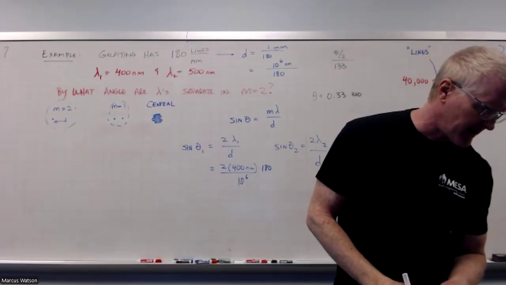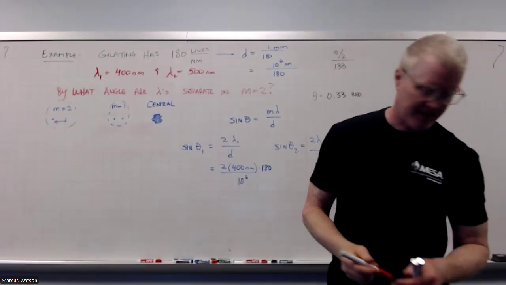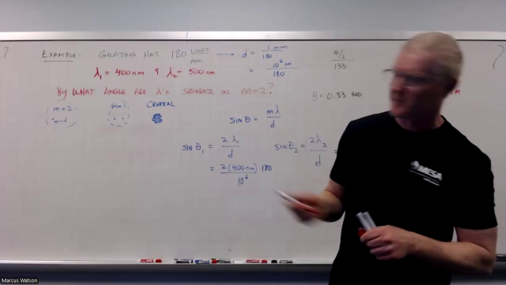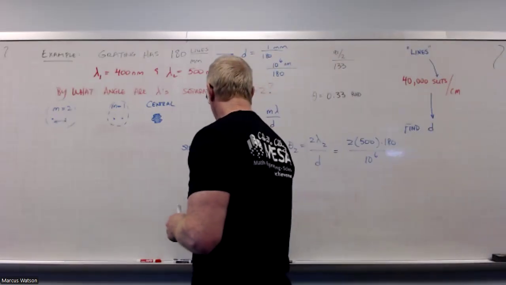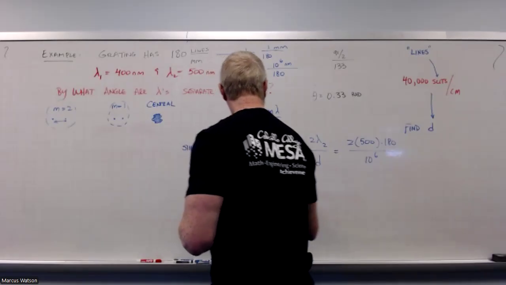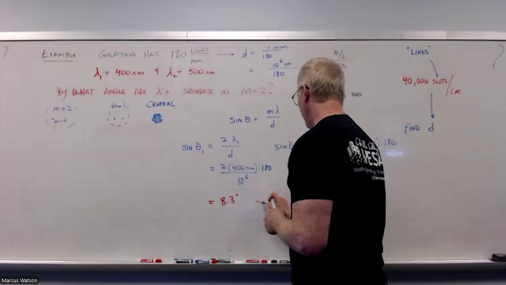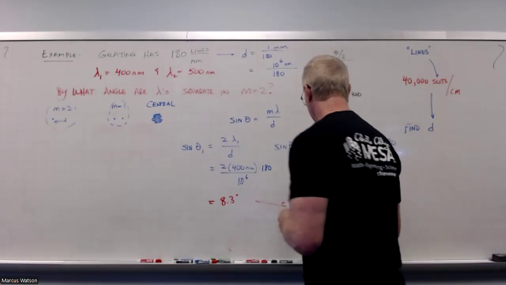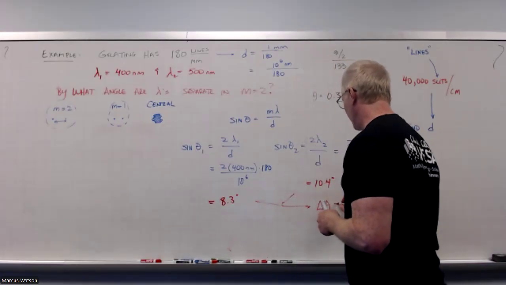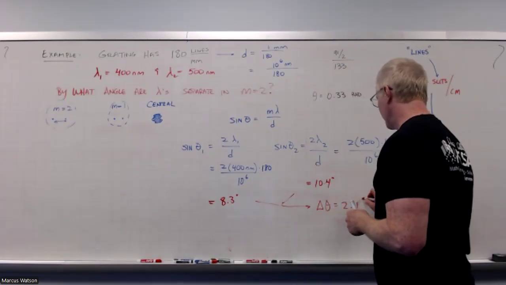I got 8.3 and 10.4. So for this one I got 8.3, and for this one I got 10.4. And that means that the difference in angle between the two is about 2 degrees.